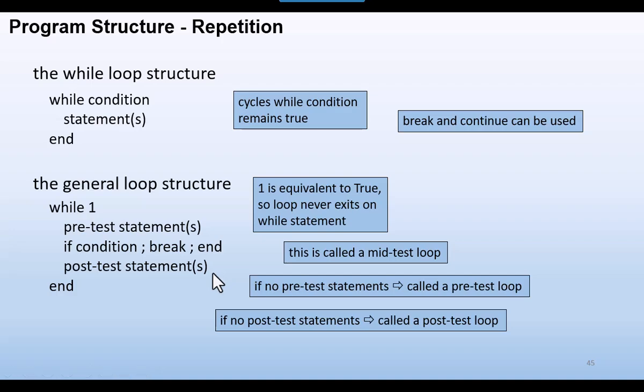Now we use this structure a lot in programming and especially in numerical methods when we don't know how many iterations of the loop is going to be needed. When we use the for loop, we have a general idea how many times we're going to execute the loop, with the exception of getting out with a break statement.